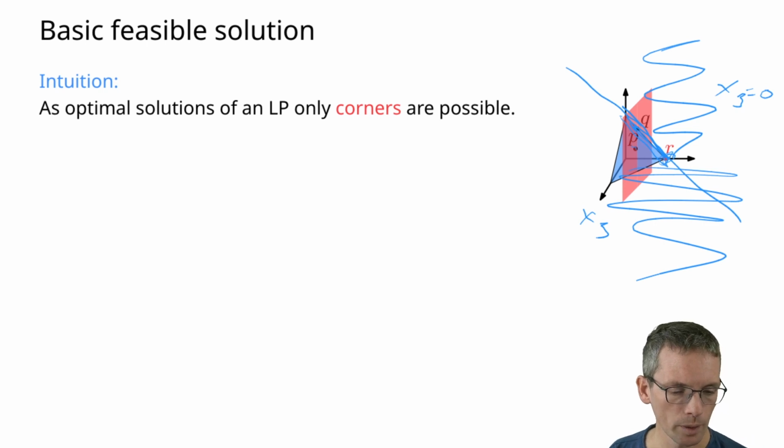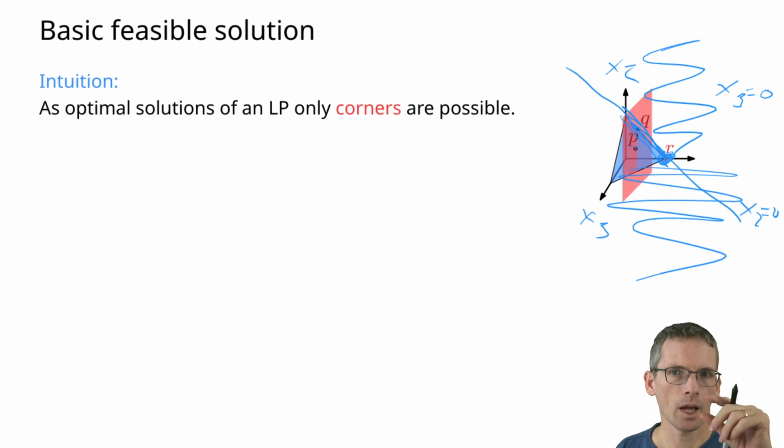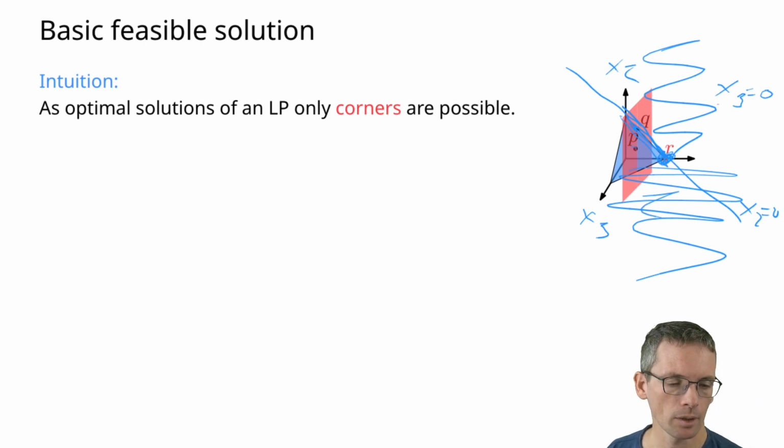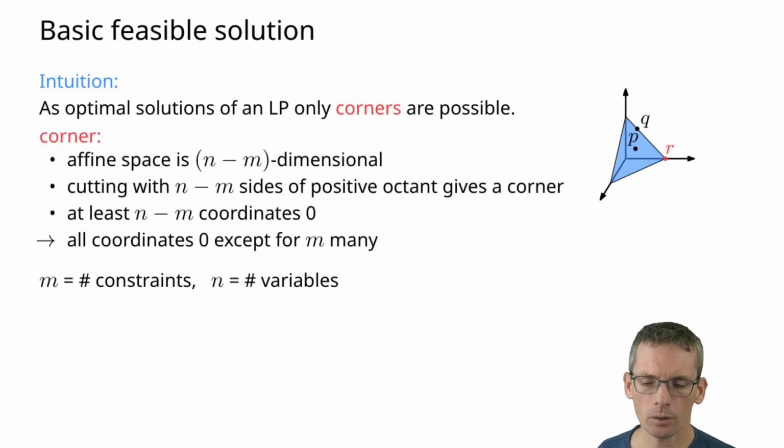If this is x2, this would be the x2 equals 0 plane to actually get a corner. But what that means is that the solution I'm interested in here, R for instance, has two of the coordinates being 0, because cutting with this plane means we're setting x2 and then cutting with the other plane, x3, to 0. So that's the intuition here.